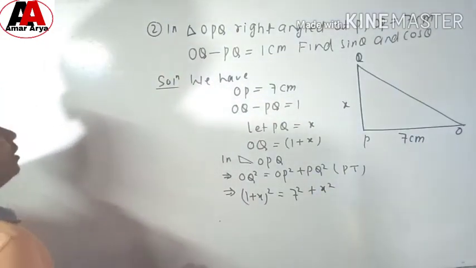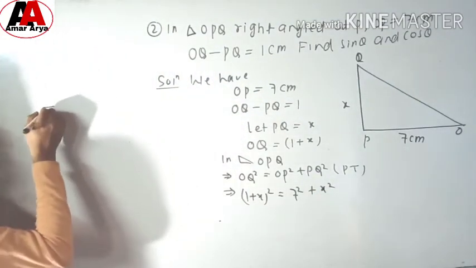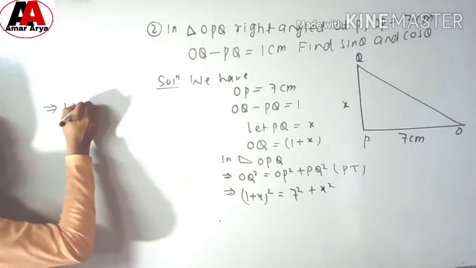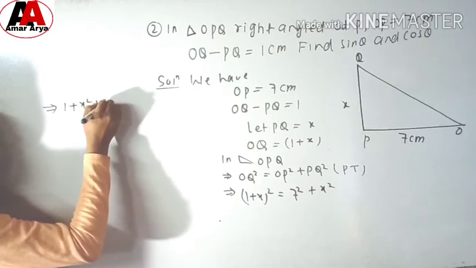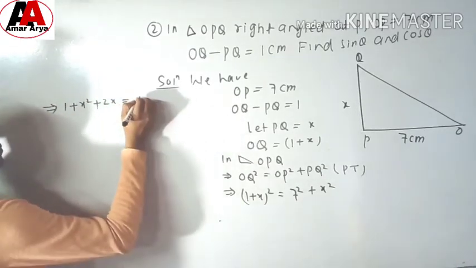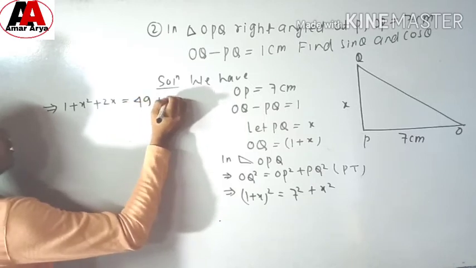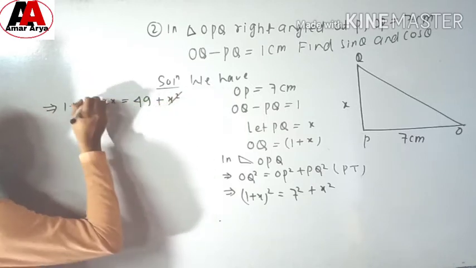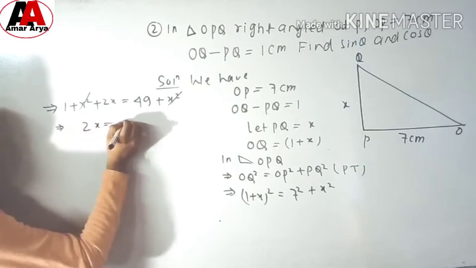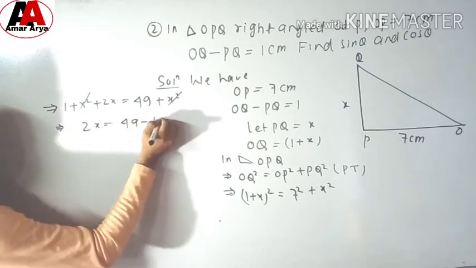So we can simplify it. Suppose (a plus b) whole square, we can write a square plus b square plus 2ab. Okay, and here is 49 plus x square. So it will cancel, and we can write here 2x equals 49 minus 1, that is 48.